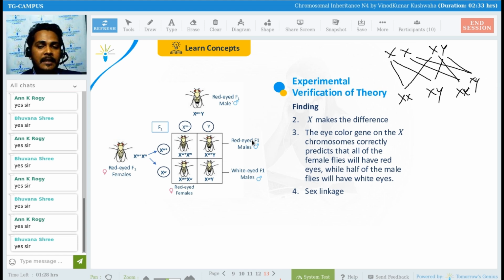So the eye color gene on the X chromosome correctly predicts that all the female flies will have red eye, while half of the male flies will have a white eye. And this can be proved through sex linkage. So he proved how the chromosomes are linked with that particular organism, that chromosomes basically inherit the character from one generation to the next generation.